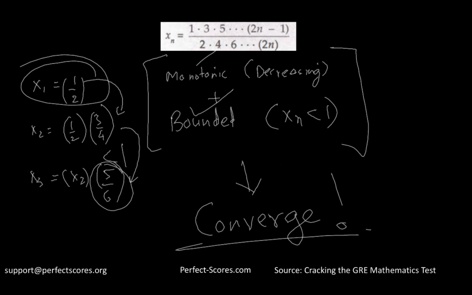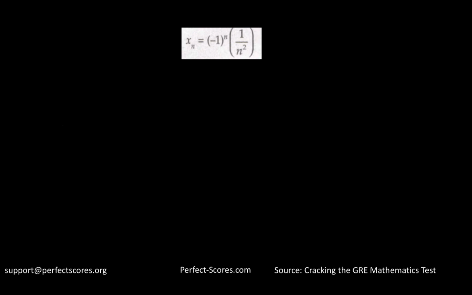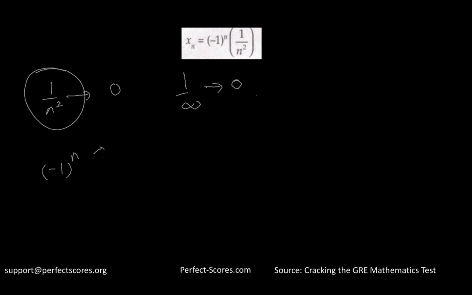Moving on to the next one now. Now we have this series here. As you can see, 1 over n square is going to converge to 0 because 1 over infinity goes to 0. So if 1 over n square converges to 0, and negative 1 raised to the power n is not going to change its magnitude, right? It's either going to be positive 1 or negative 1.